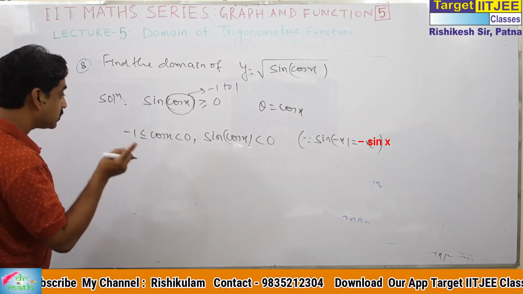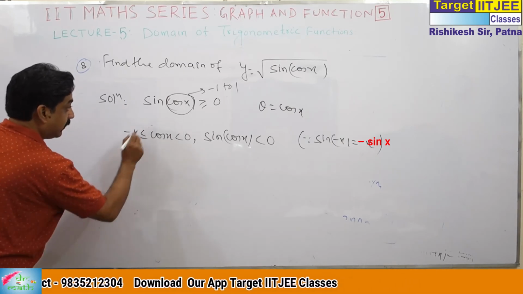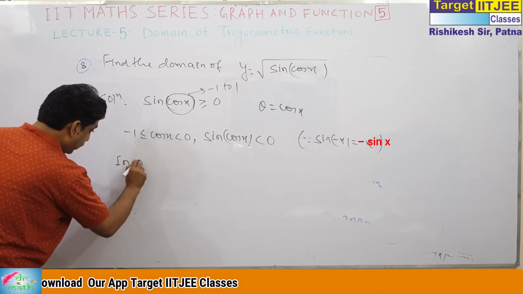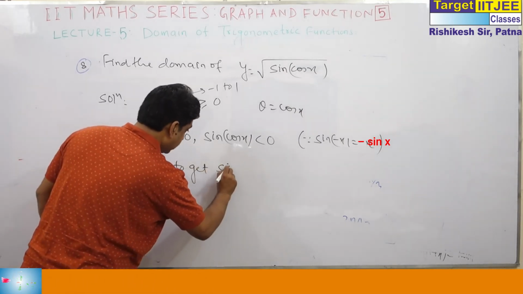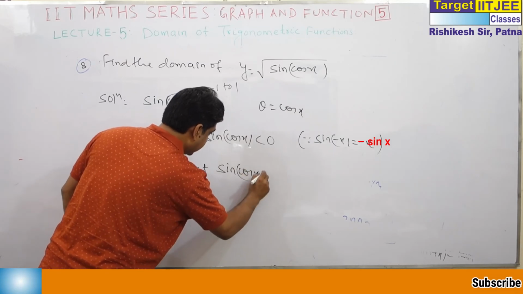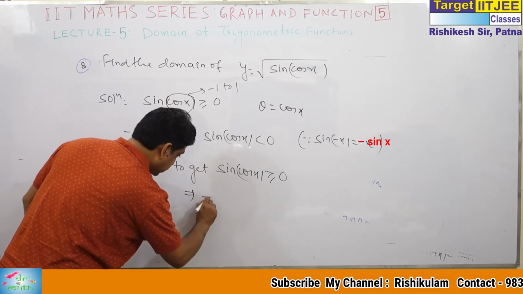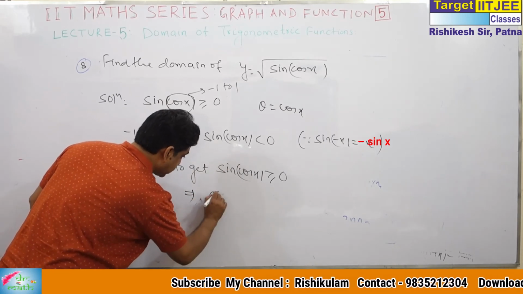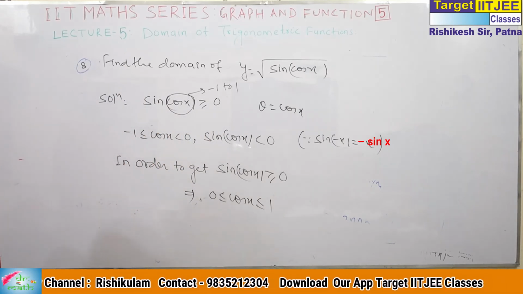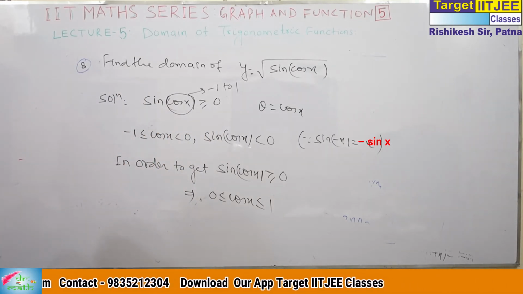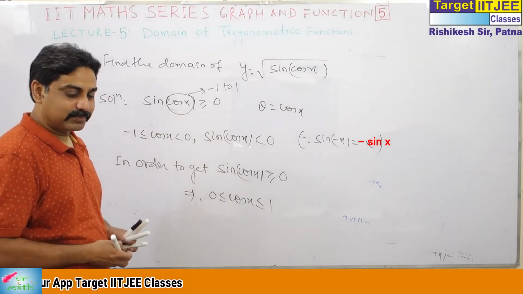So in order to get sin cos x greater than or equal to 0, cos x must be positive. Very easy to tackle.